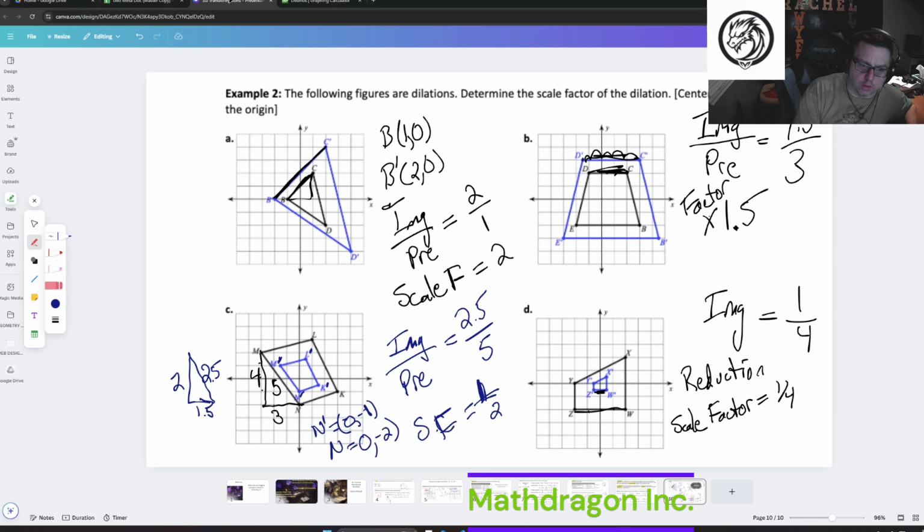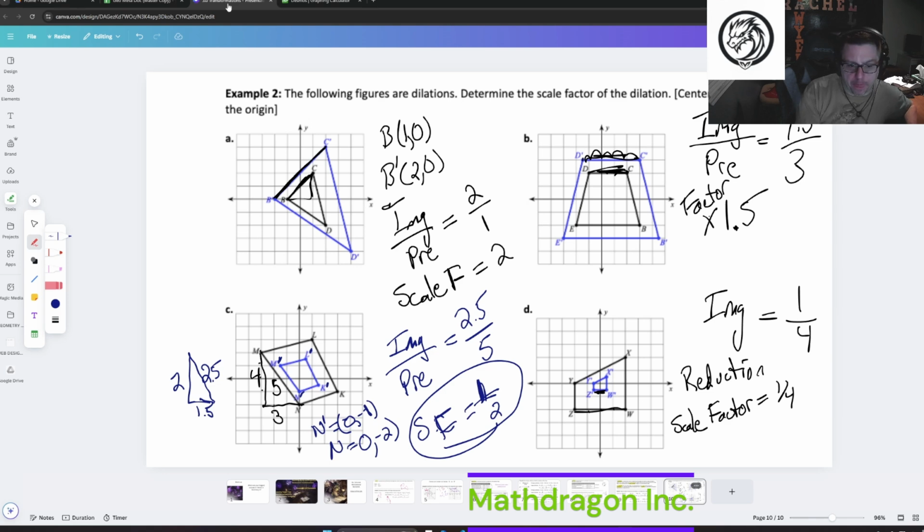So if I were to put prime over pre, I would get -1 over -2, which comes out to be 1/2. Now you can't always rely on the ordered pairs because sometimes it will throw you off. So be careful with the ordered pairs. Make sure both of them are the same, because that can get a little tricky, and I don't want that to happen.